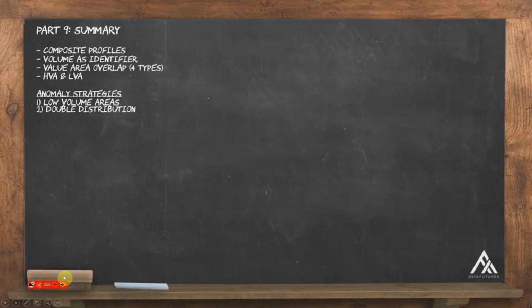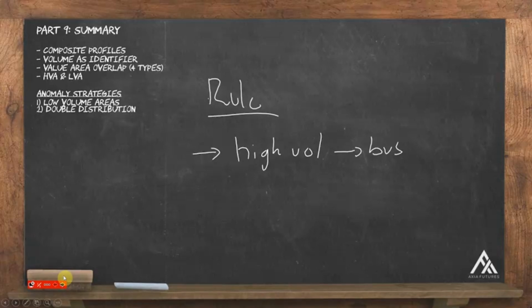And we said that volume is particularly important as it's a very strong measure of the degree of success of the auction process. Now, as a general rule of thumb, it's not a hard and fast rule, but ideally we want to see high volume attracting a lot of business. High volume tends to mean a lot of business or new business, where low volume would be an identifier of maybe a lot more noise.